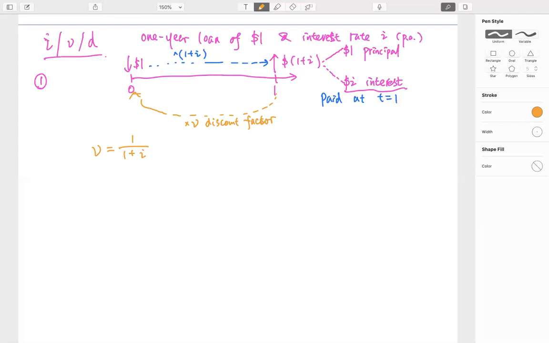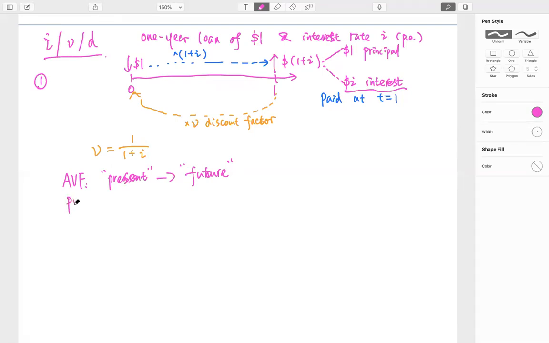So what this small v does is help you quickly convert some money in the future to the present. Let me briefly summarize the difference. What AVF does is go from present to future. In my example, it's $1 at time 0 to 1 plus i at time 1.